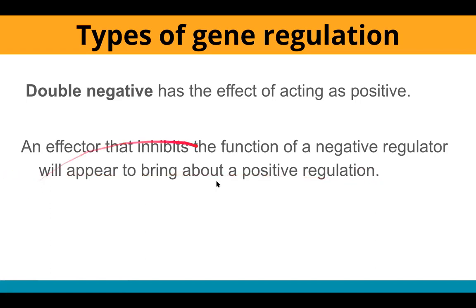Because if you inhibit an inhibitor, for example, if molecule A is an inhibitor and molecule B is an inhibitor, then knowing that molecule A inhibits molecule B, the overall process will be negated or neutralized. So the whole process will be one of positive regulation because you actually inhibit the inhibitor, which makes it activate the genes.